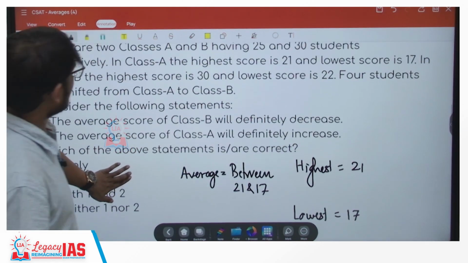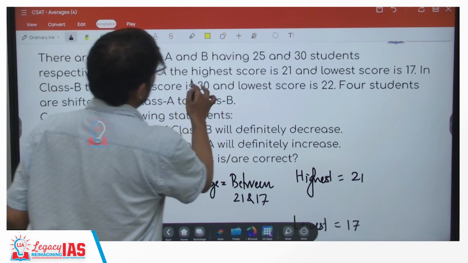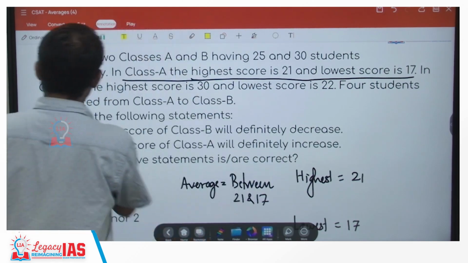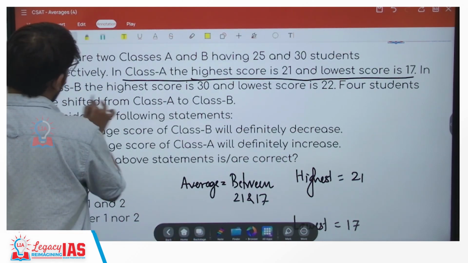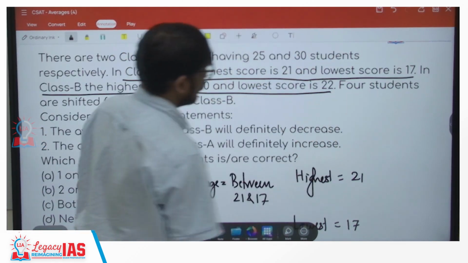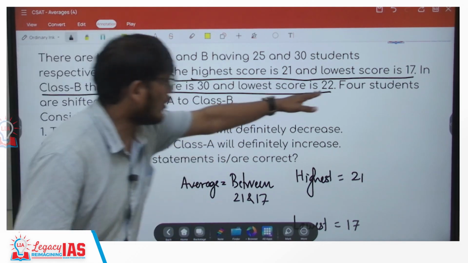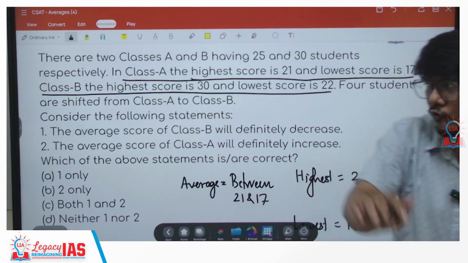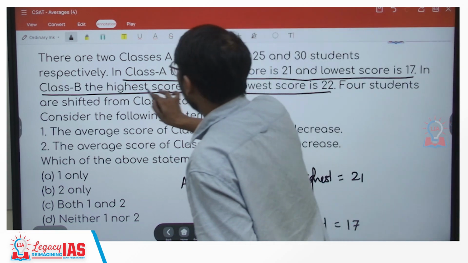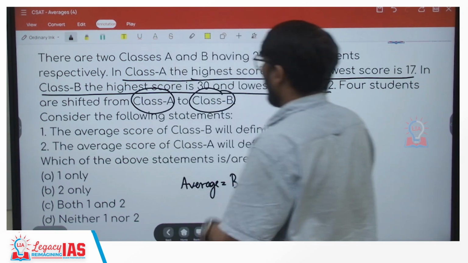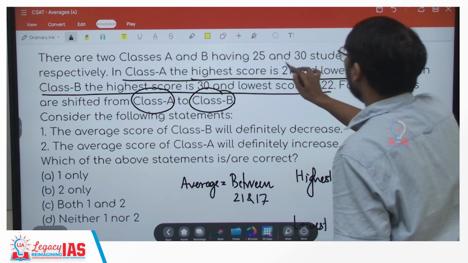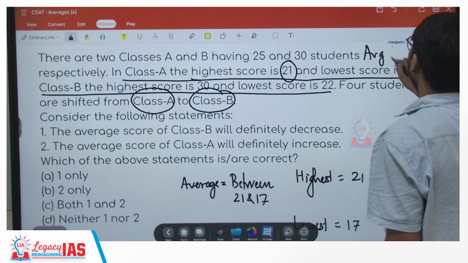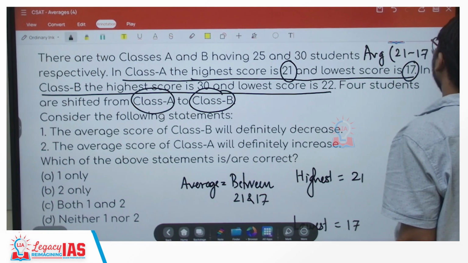The question is saying highest score is 21 and lowest is 17 in class A, and in class B highest is 30 and lowest is 22. Then 4 students are shifted from class A to B. Since class A has highest 21 and lowest 17, its average will be between 21 and 17.